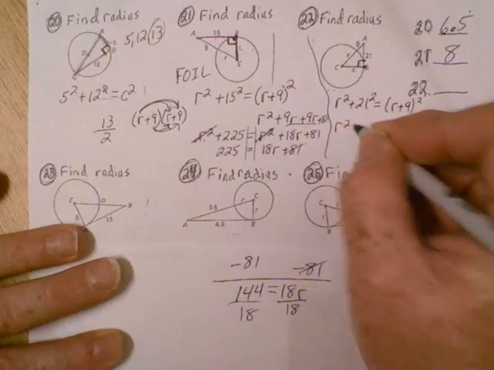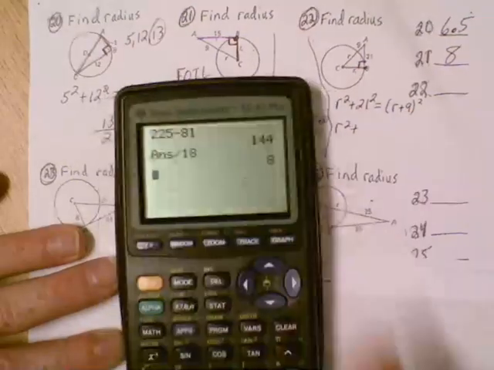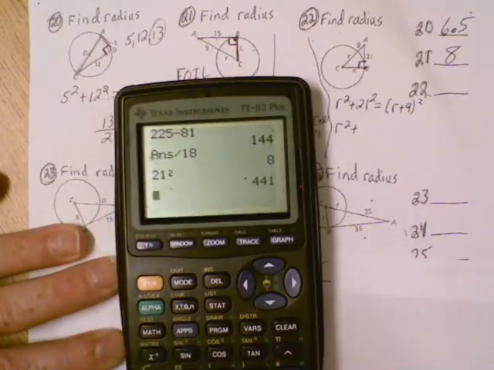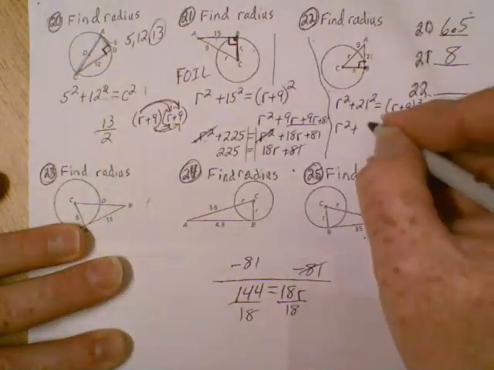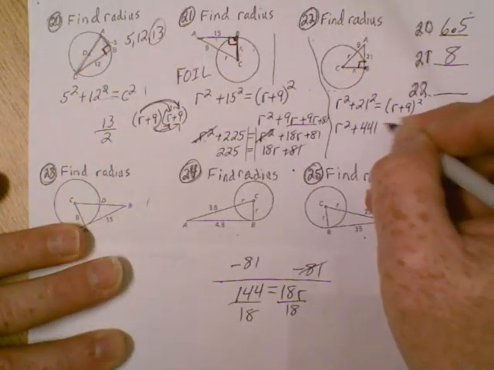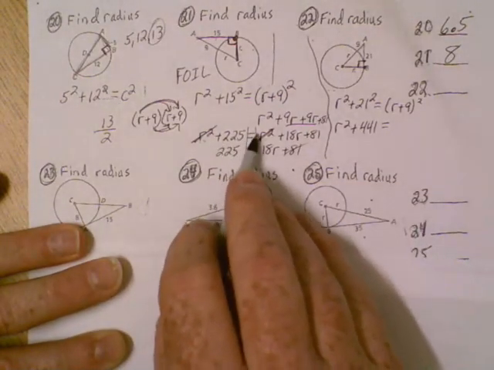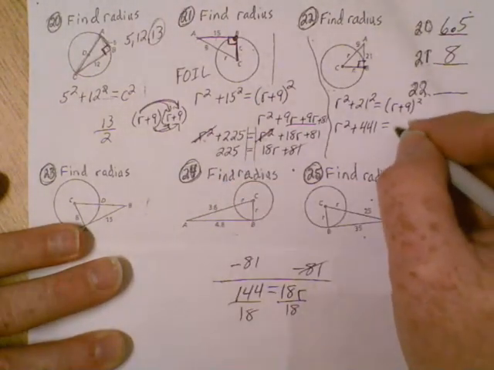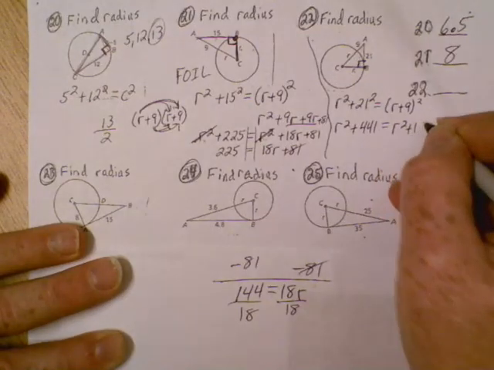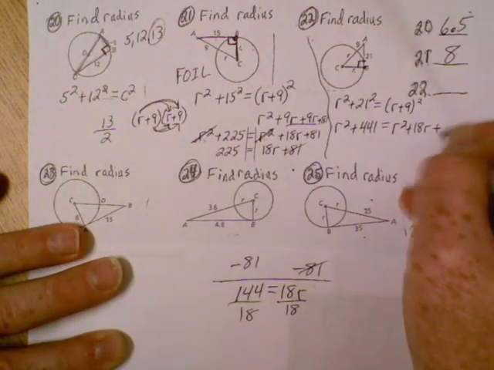So if I came back over here and I did all this again, we're going to get the same thing. So this is r squared plus 21 squared. 21 squared is 441. Equals, doing the FOIL on this, we get the same thing we just got on the previous problem. It's r squared plus 18r plus 81.